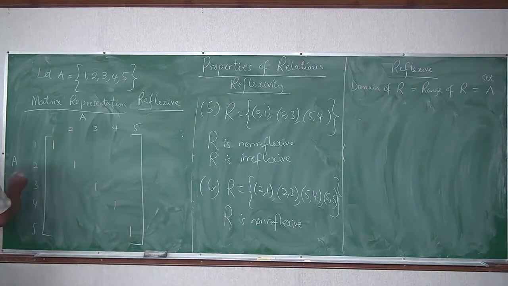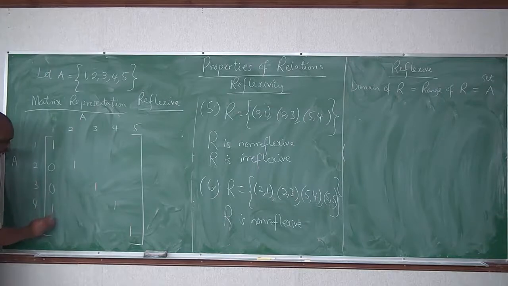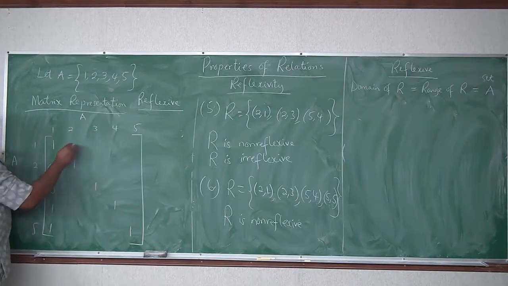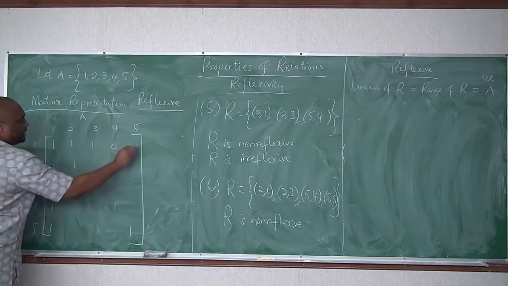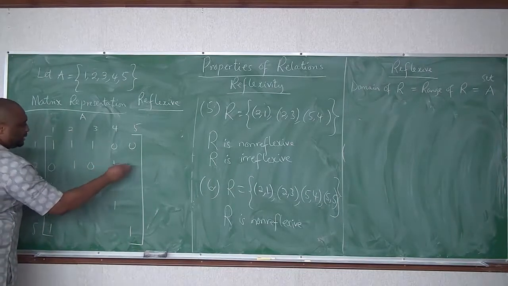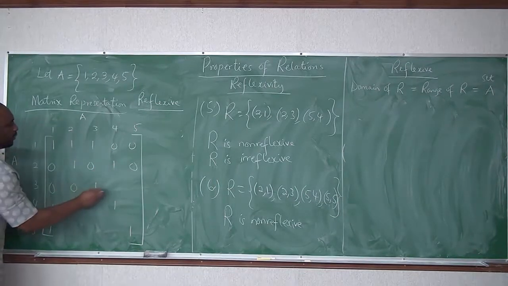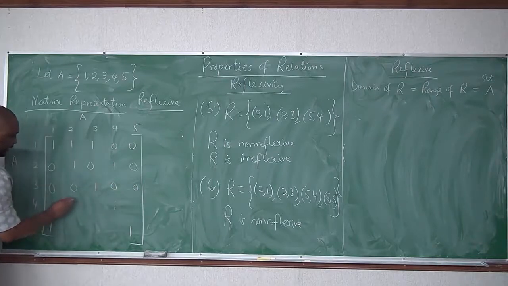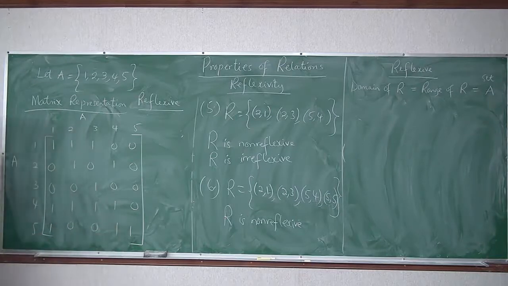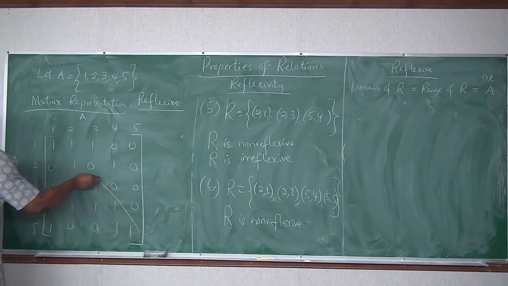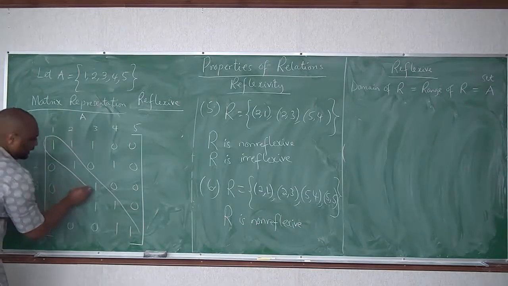So if we want to put 0 here, 0, 1, 1, 1, 1, 0, 0, 0, 1, 0, we don't care about what this will be. We don't care about what the other ones will be. The main thing we care about is that this must be included.